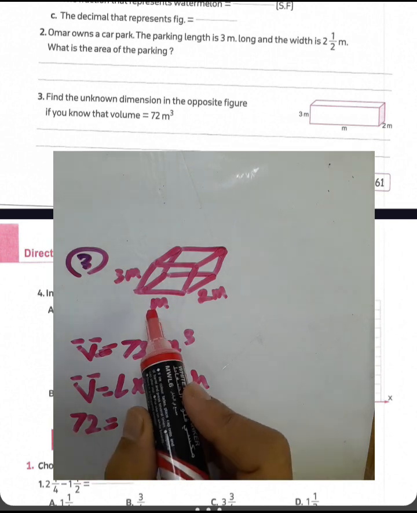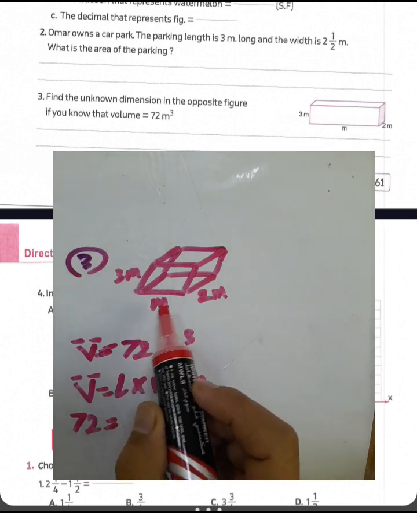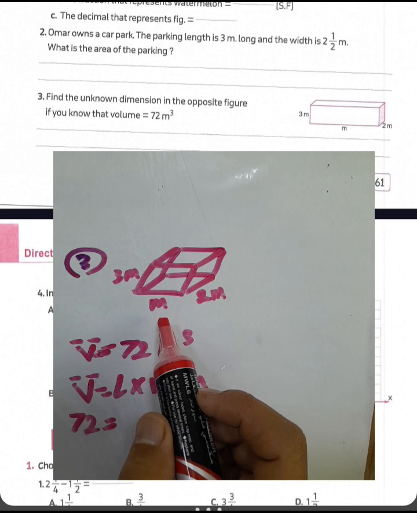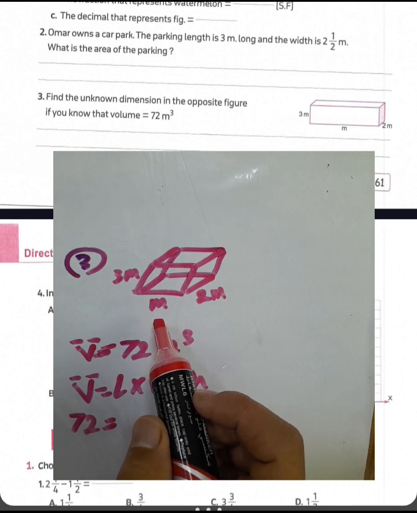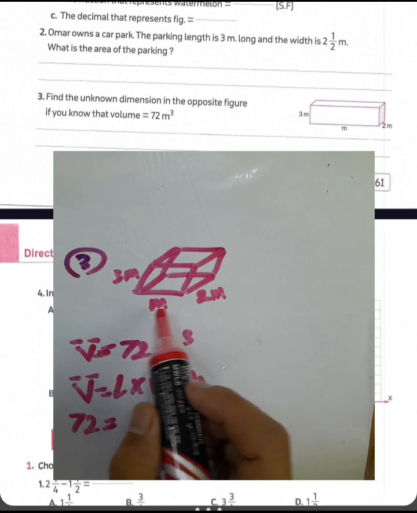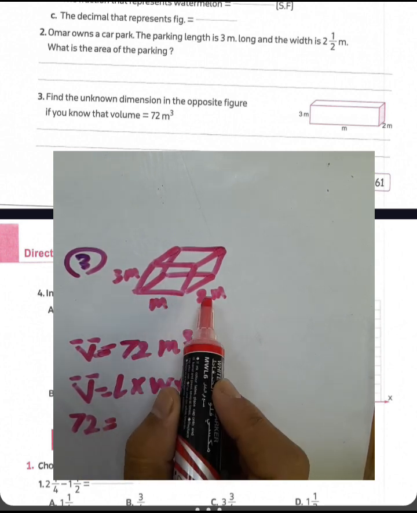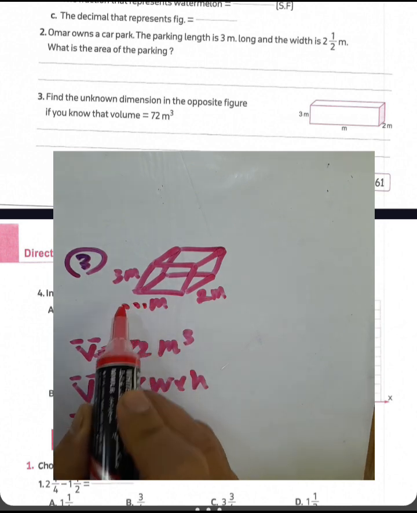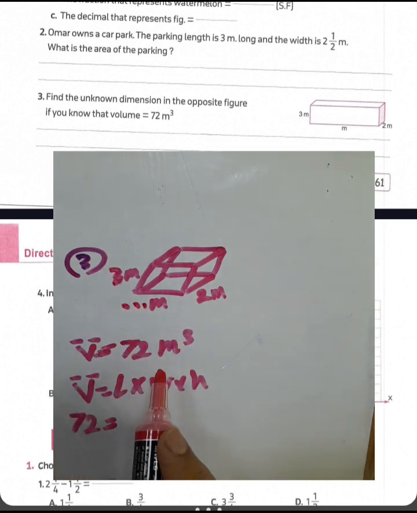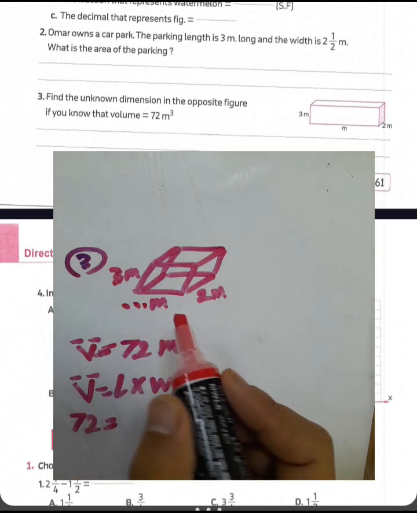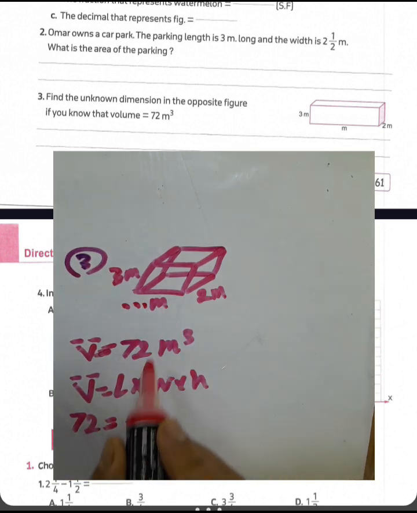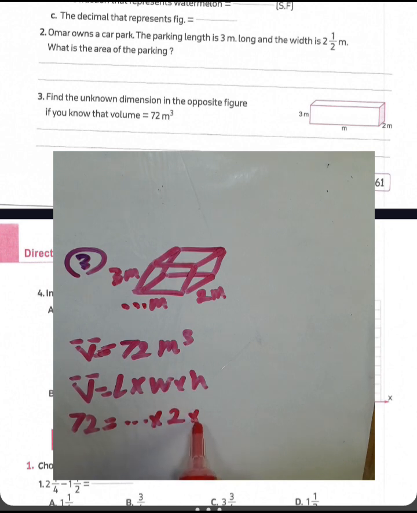We don't know the length here. The width is 2 meters and the height is 3 meters, and the volume equals 72. The length is unknown, times width 2, times height 3.